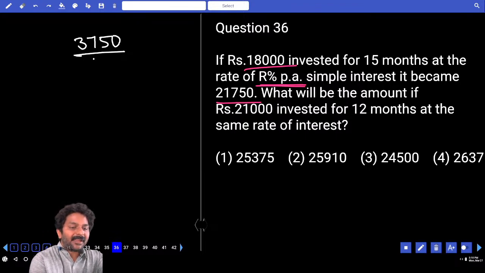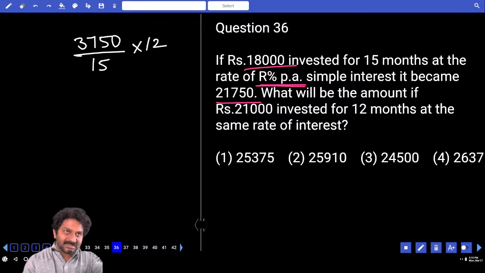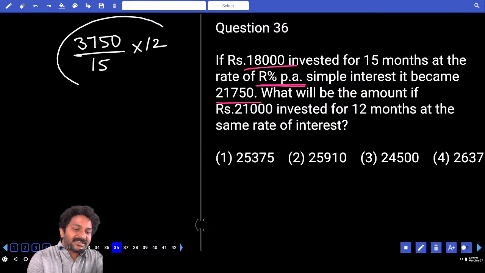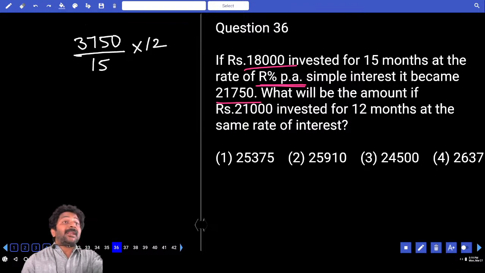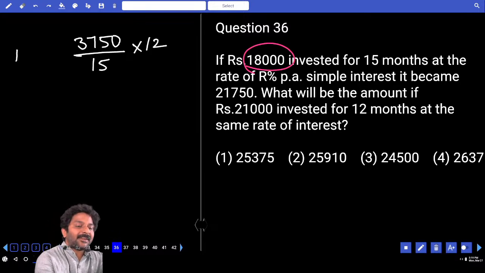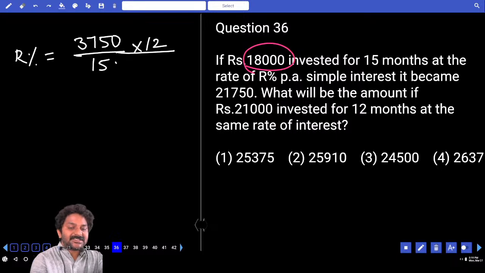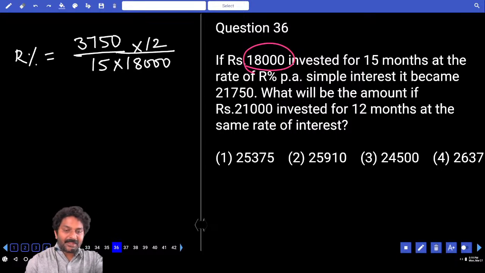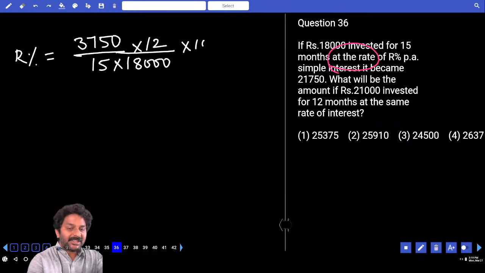So let me divide this number by 15 so that I'll get monthly interest. As I want yearly interest, that is multiplied by 12. Is this okay? This much is interest obtained per year on how much money? 18,000. So to calculate rate of interest percentage, this much interest is calculated as percentage upon 18,000, percentage into 100.